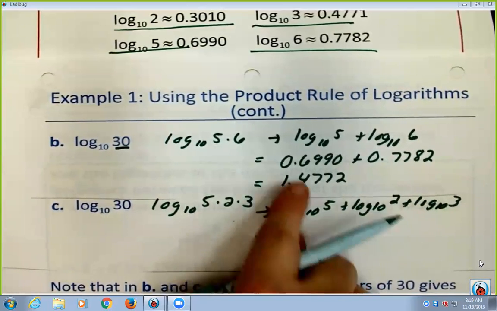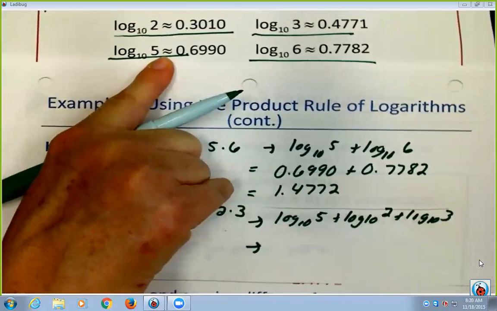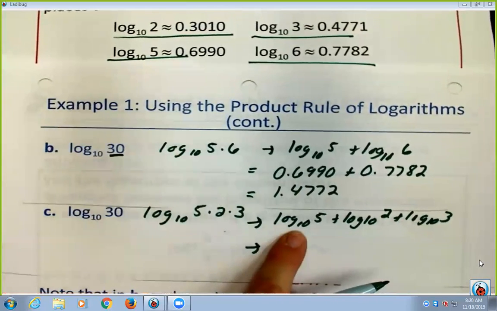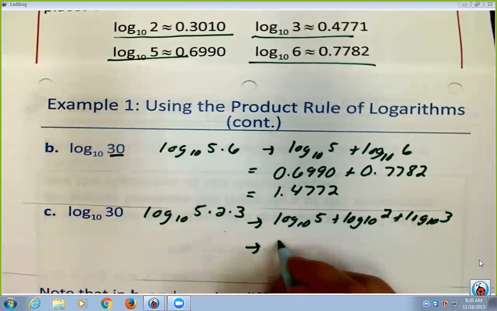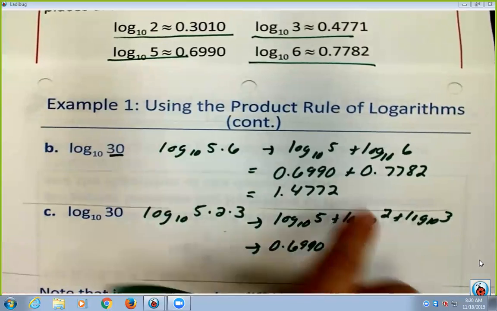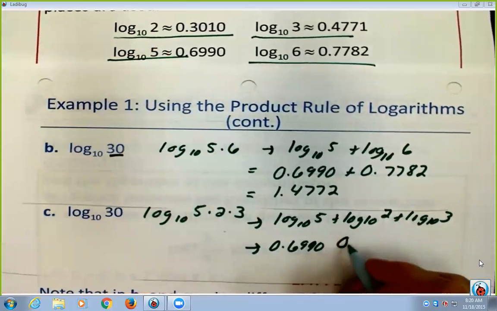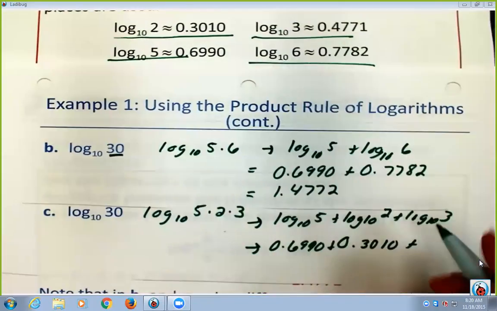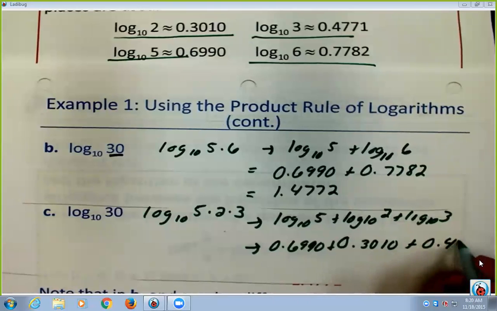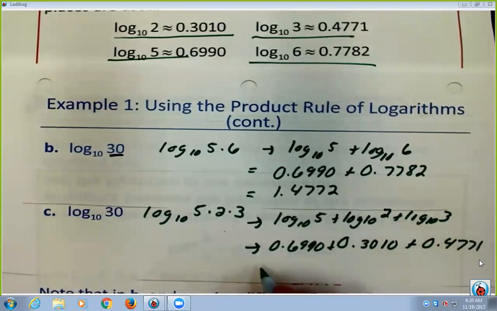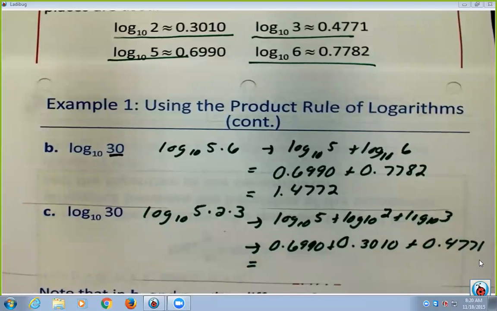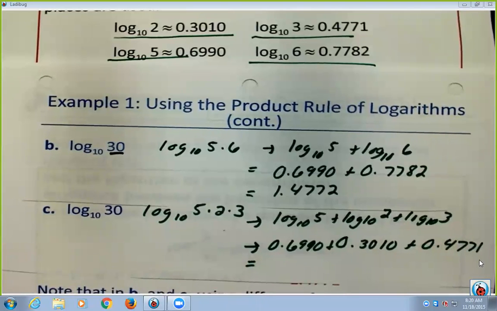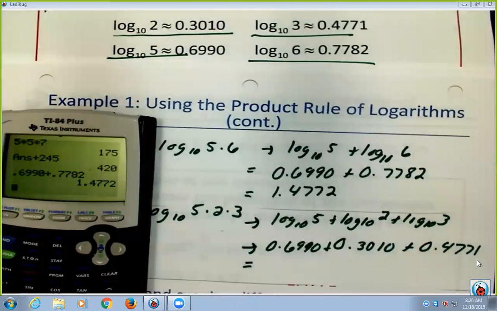And then I'm going to put my values that they give me up here in place of each. So log 10 of 5 is 0.6990. Log 10 of 2 is 0.3010. And log 3 is 0.4771. And if I add all those together, I'm going to still end up getting that answer, hopefully.